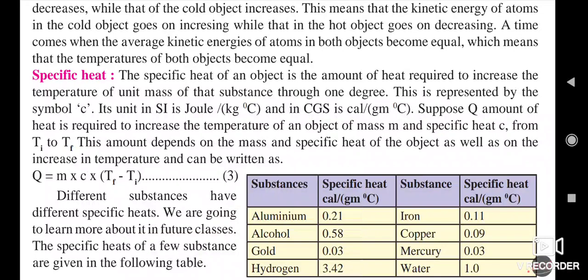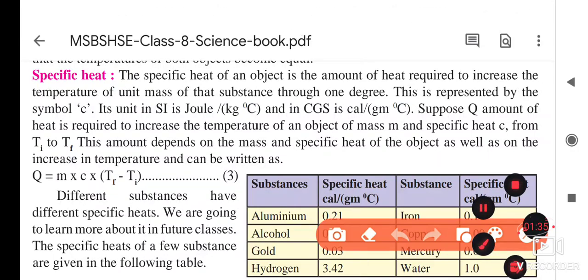It can be written with this formula: Q is equal to the mass of the object, that is m, into the specific heat C, into the change in temperature, which means the final temperature minus the initial temperature.